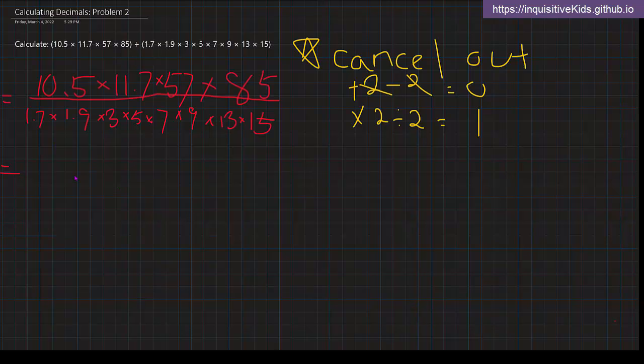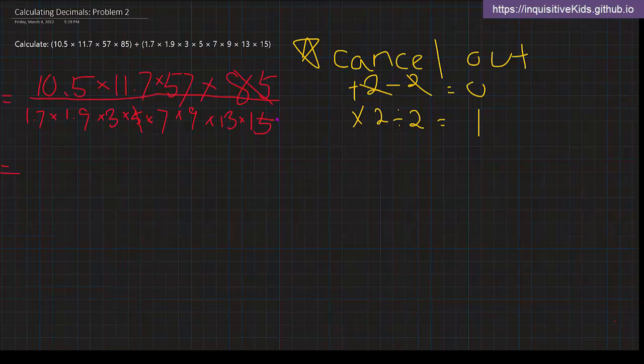So let's start with some of the basics. The 10.5 and 11.7 are decimals, so I'm going to push them aside for now. But I'm going to look at 85 because it looks pretty friendly. It ends in 5, so I'm going to cancel this 5 out.